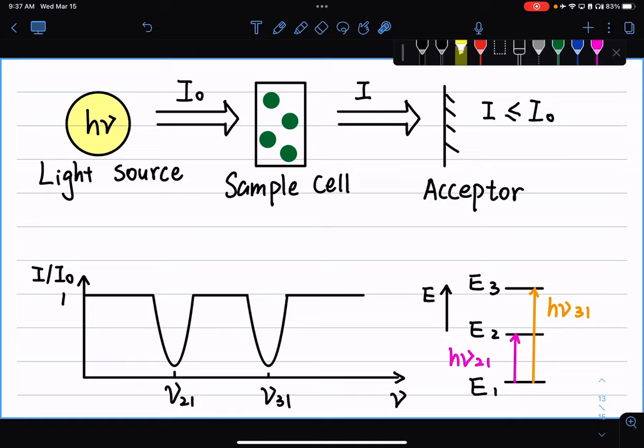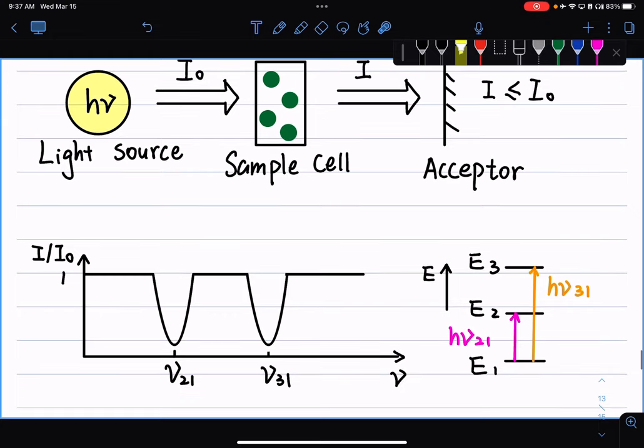When that light passes through your sample cell containing the molecule of interest, when the frequency is matched with the energy required for that excitation to take place, the light can get absorbed and will leave with a smaller intensity.